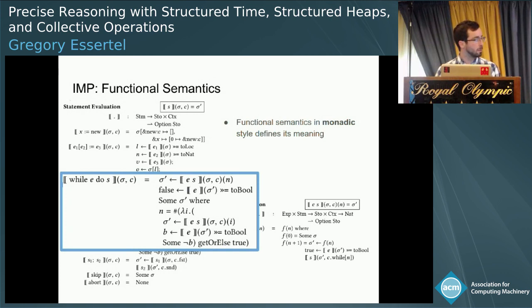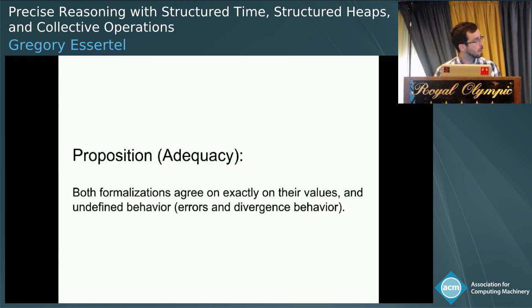Therefore, we need to execute the loop until that index. So we prove that the two representations are equivalent, which means that if one of the semantics reduces to a value, the other reduces to a value which is equivalent, and the error behaviors are also conserved.